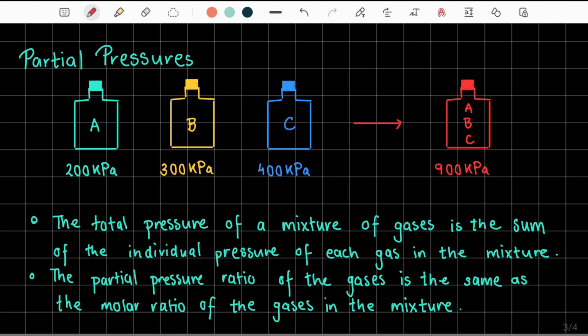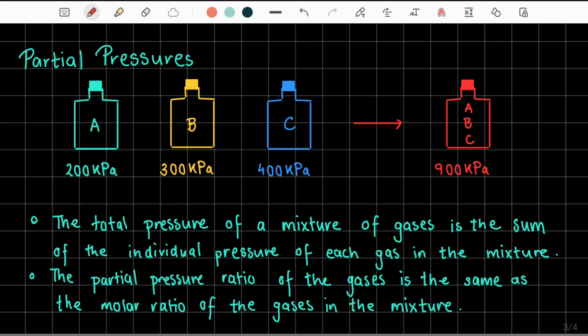Now, what would happen if you empty all of A, B, and C into one container of the same volume? In that case, the resulting total pressure will be the sum of the individual pressures of each of the gases in the mixture. So as a result, your total pressure here was 200 plus 300 plus 400, which is 900 kilopascals.